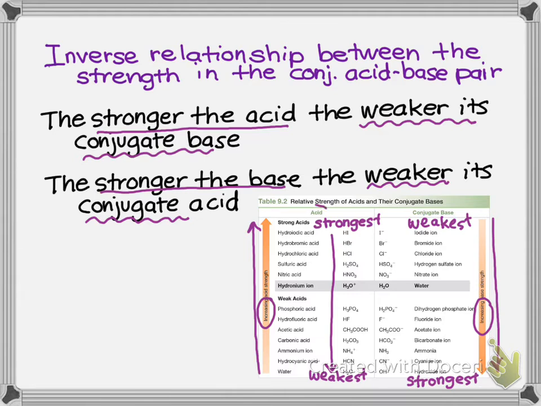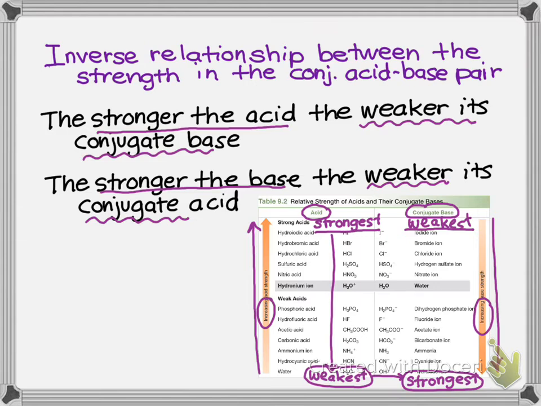On the acid side, when you have the strongest on the top, its conjugate base is the weakest. So it's an inverse relationship. The stronger the acid, the weaker its partner, the conjugate base. And the weaker the acid is, the stronger its conjugate base is. So it's an inverse relationship.